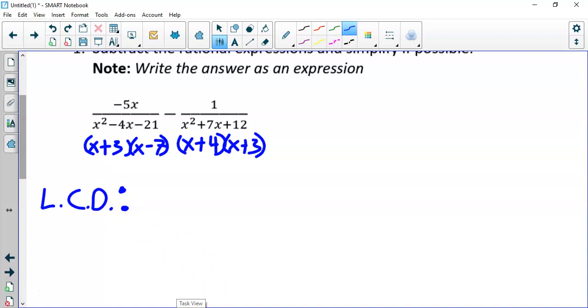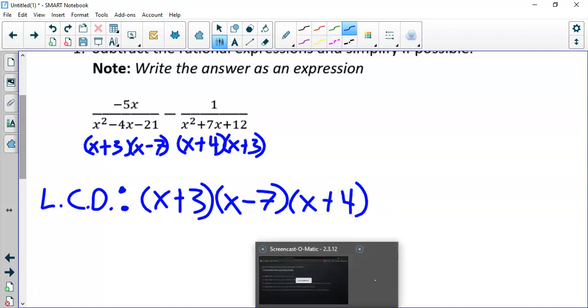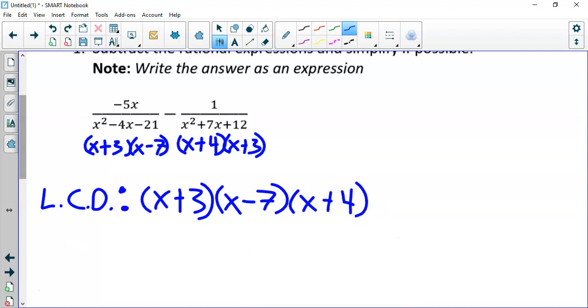What's going to be the common denominator between both of them? X plus 3. I like it. You're not done though. You have to keep going, correct. So what else do we need? You got it. An x minus 7 and an x plus 4. Remember, as I talked about in class, the LCD contains every denominator.